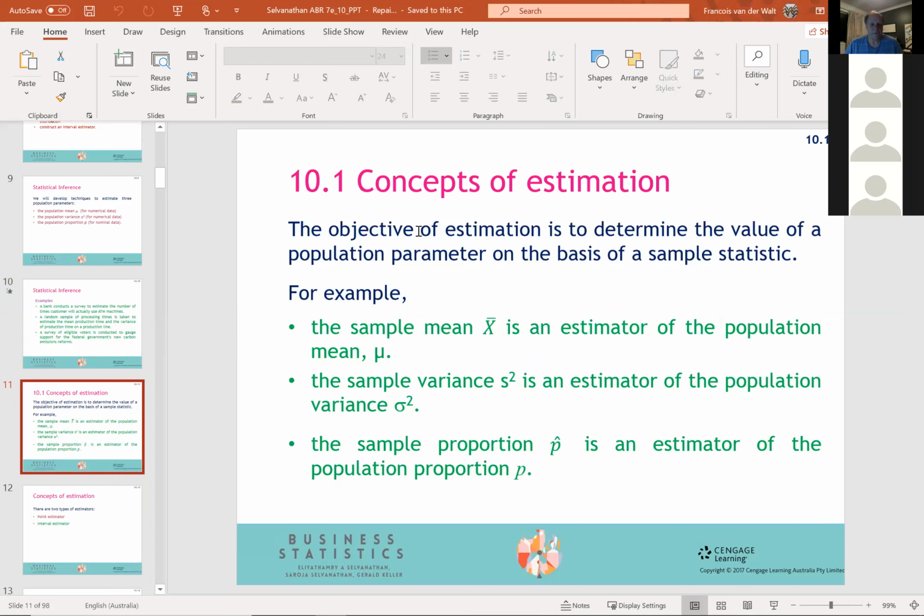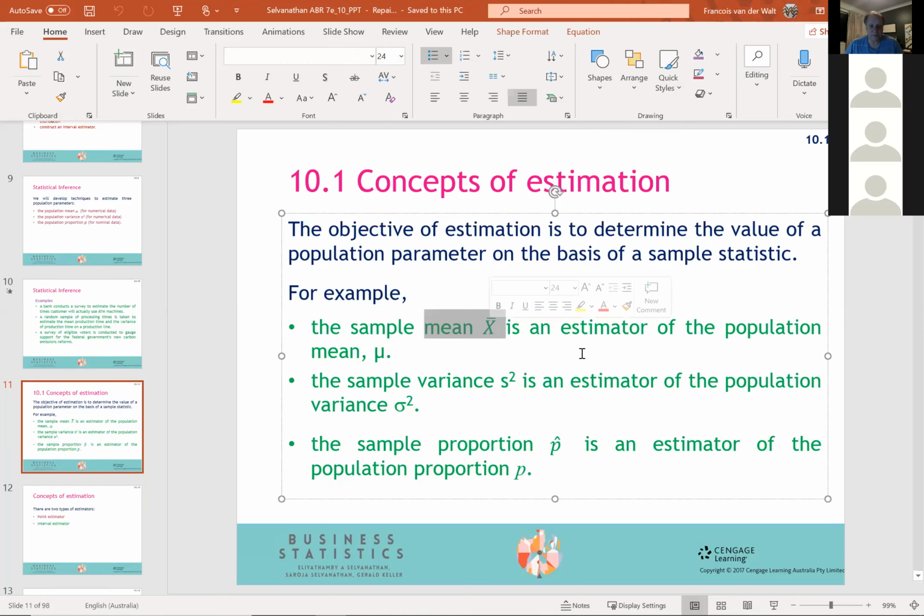Okay, the objective of an estimation. I said to you, we're always going to use the sample mean to estimate the population mean. For the population mean we use a symbol, and for the sample mean we use X bar.